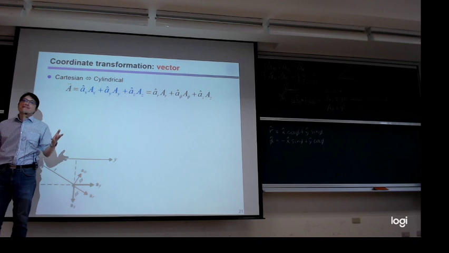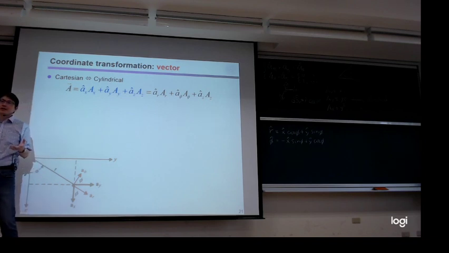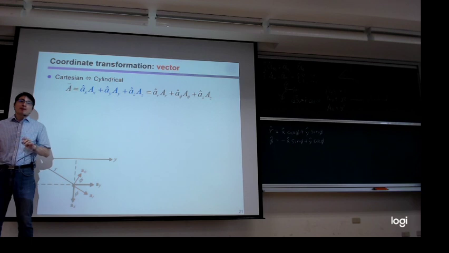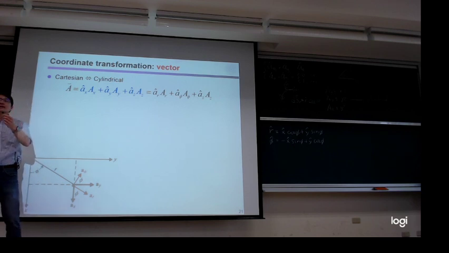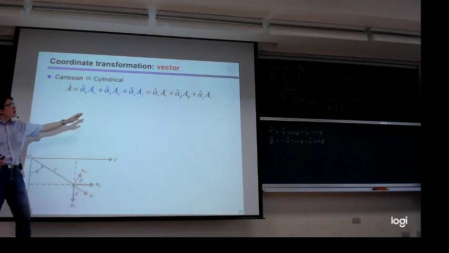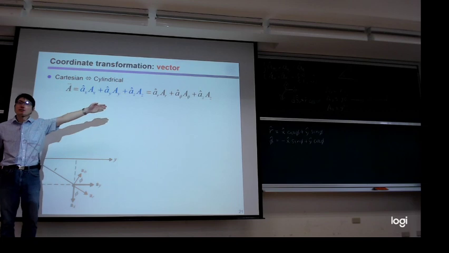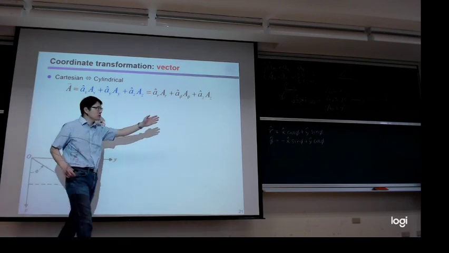It's the same vector, but expressed in two different ways. So for example, if I already give you the vector expression using Cartesian coordinates, like the one I wrote on the blackboard, all right, let's walk to the blackboard.